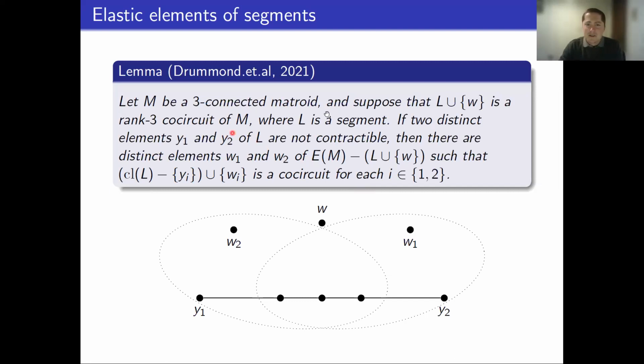If M is a 3-connected matroid, and you've got your segment going on, and there's some other element in its co-closure to form a rank 3 co-circuit. Right, that's all just stuff to set up a lemma.